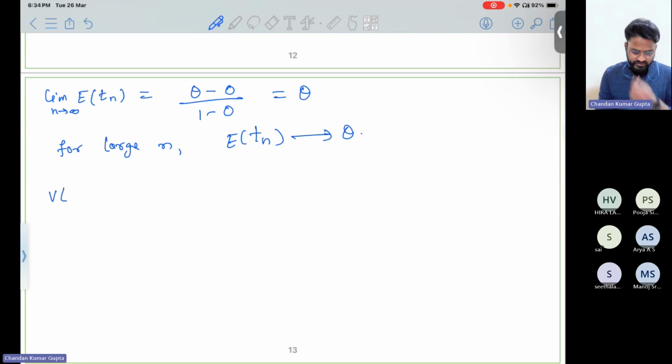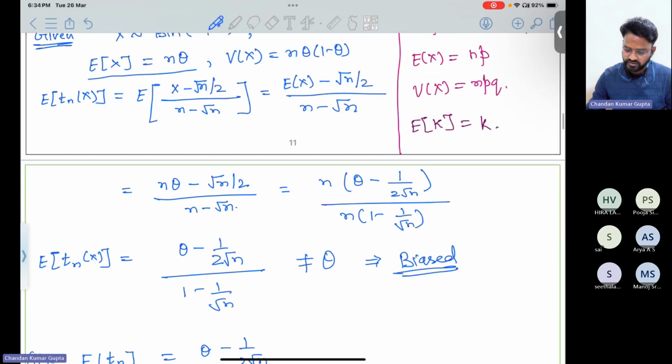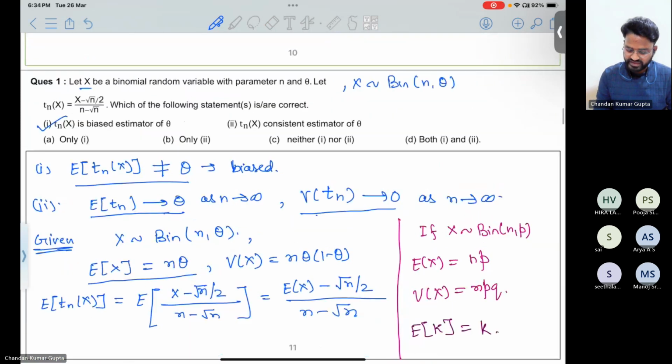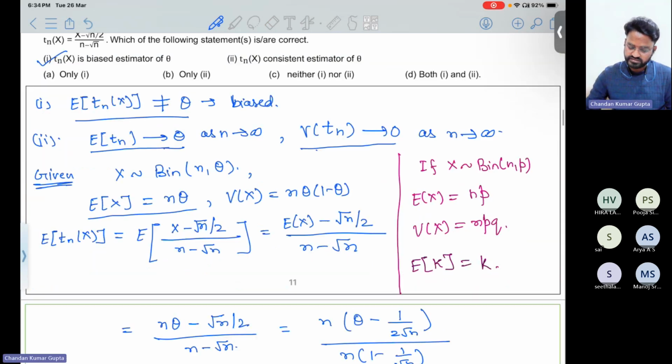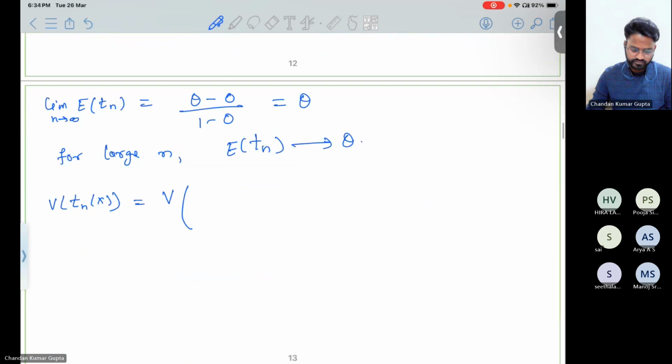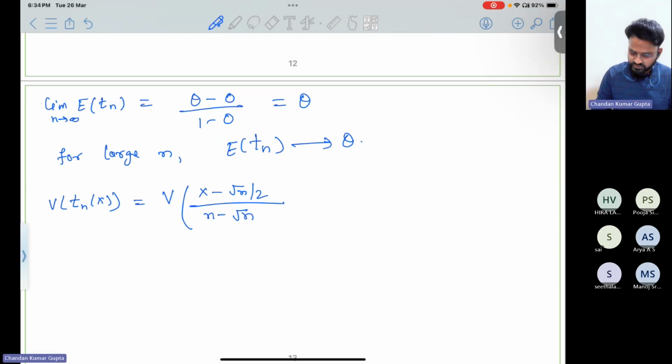So the variance term will be the variance of our Tn, which is x minus root n by 2 upon n minus root n. That is x minus root n by 2 upon n minus root n.